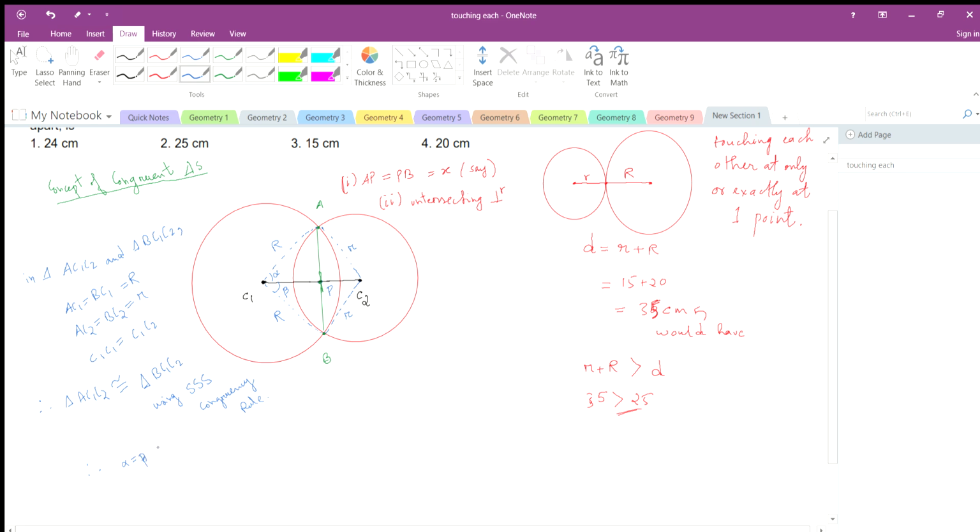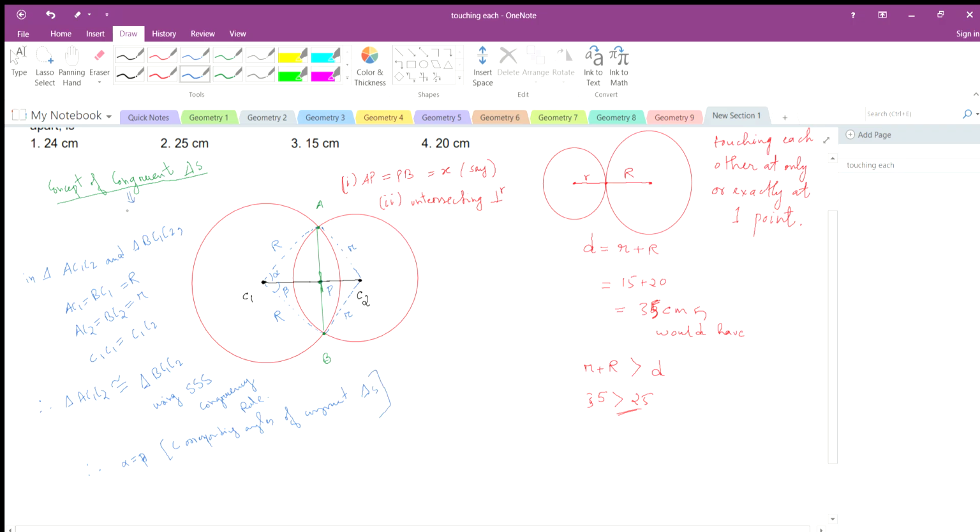Why is this? Because the two triangles are congruent. If two triangles are congruent, then their corresponding angles are also equal to each other. You can say corresponding angles of congruent triangles. And what do I mean by congruent?